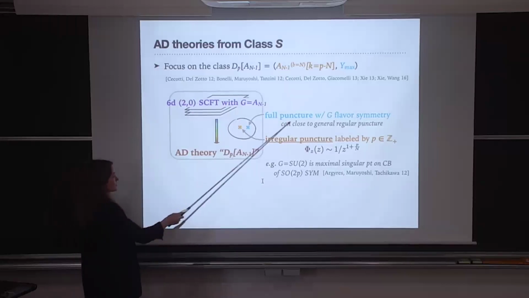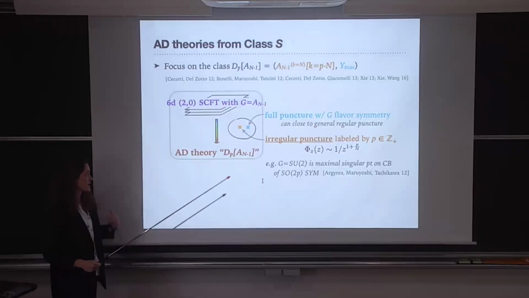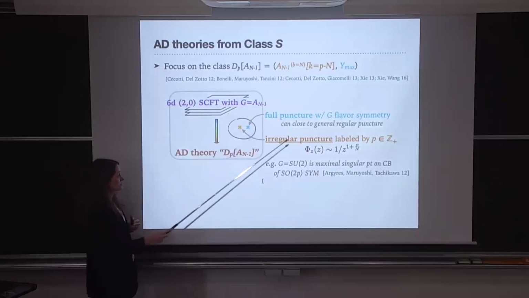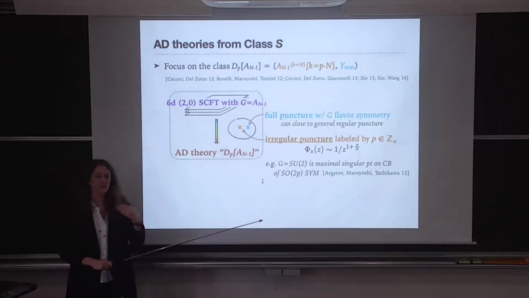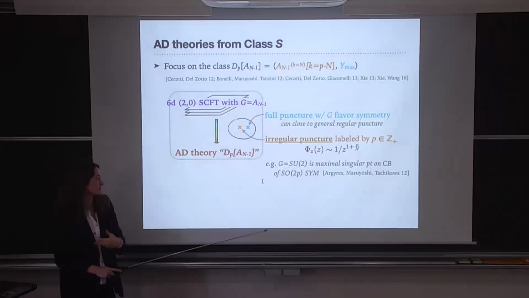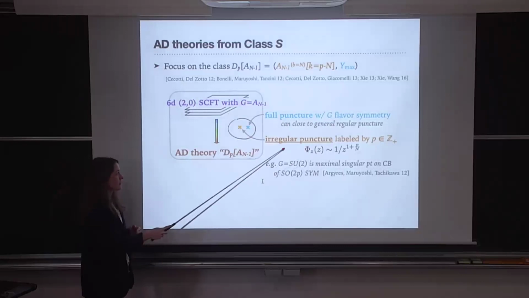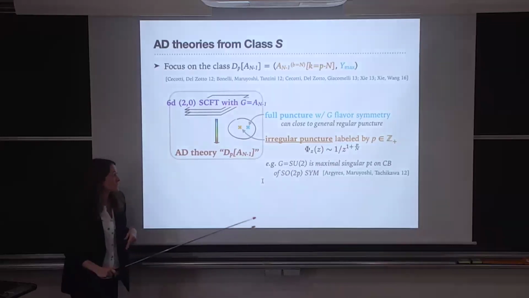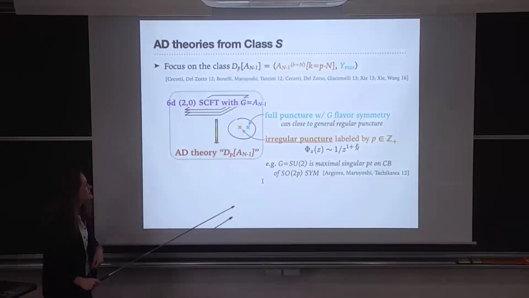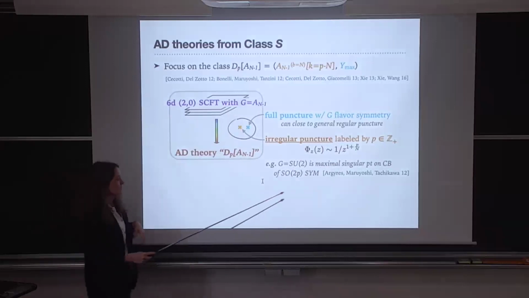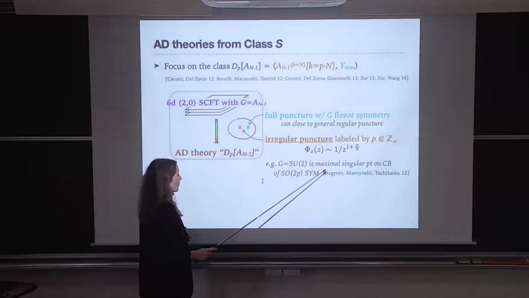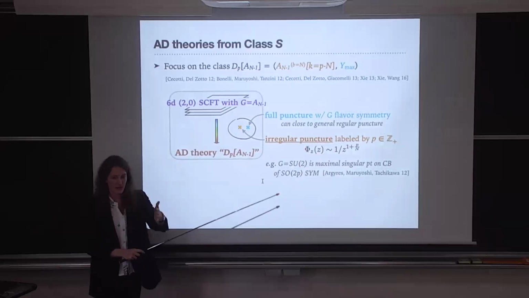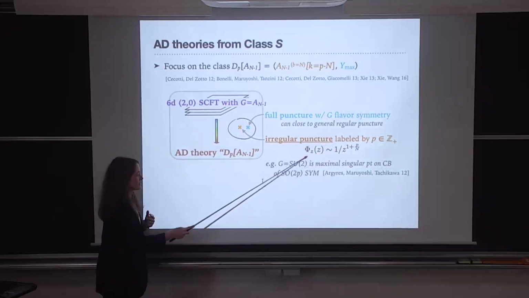And one of these punctures is just a regular puncture, which is a full puncture, which means that if I started with the type G (2,0) theory, basically you can think of it as imparting a G flavor symmetry in my low energy quantum field theory I'm getting at the end of the day. And the other puncture is a so-called irregular puncture. And the irregular puncture is labeled by a positive integer p. This is the p of the D_p(G). And the p is basically the fractional part of the pole that the Higgs field in the associated Hitchin system that describes the puncture has near the puncture.